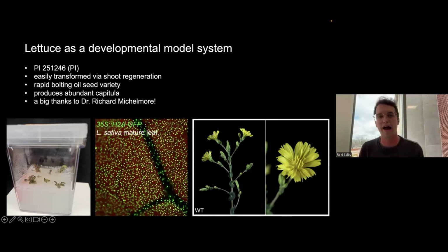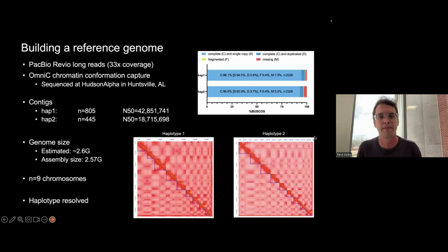It's a rapidly bolting variety, which is nice if you're trying to use it as a model system, gets those generation times down, and it also produces a large abundance of capitula, which is a unique advantage to an organism if you're using it to study capitula specifically.